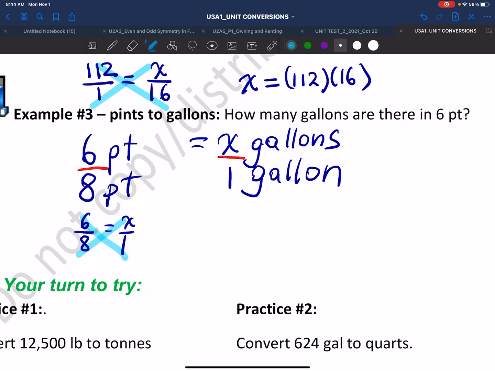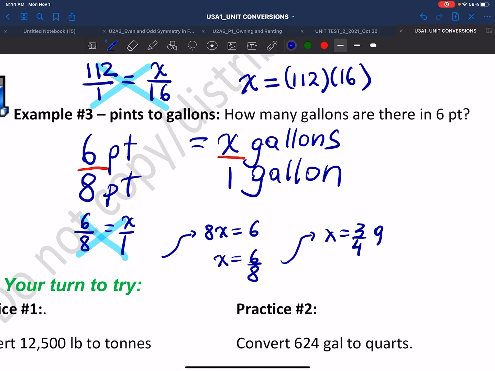We cross multiply, and then we have 8x equals 6, x equals 6 over 8. X equals, you can either reduce by 2, and that would be 3/4 of a gallon, or we can say 0.75 gallons.